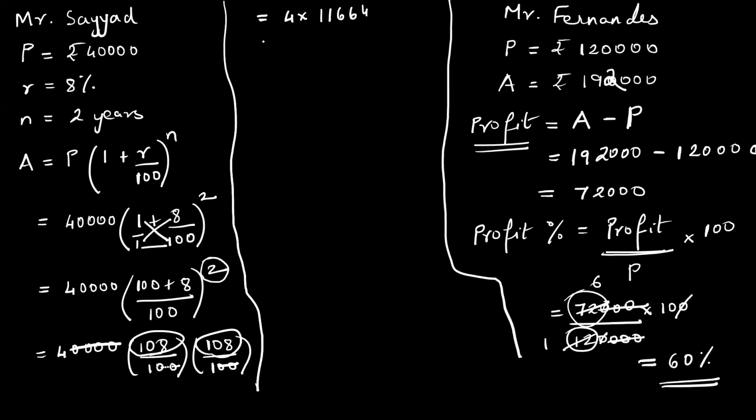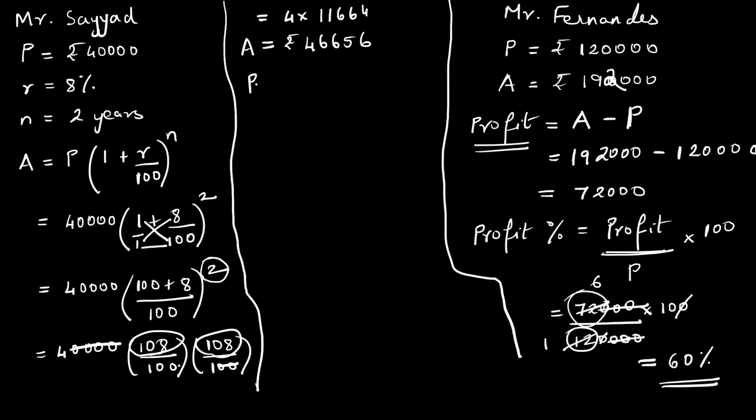Okay, now multiply 4 into this. That is 46,656. So this is the amount.